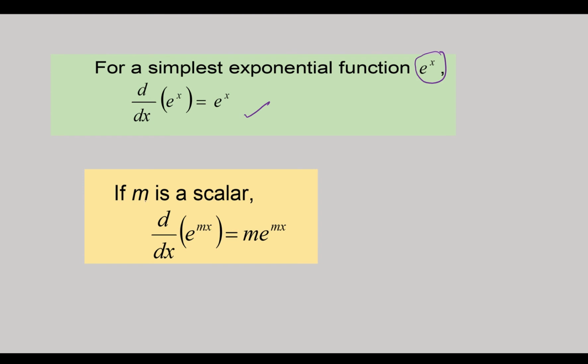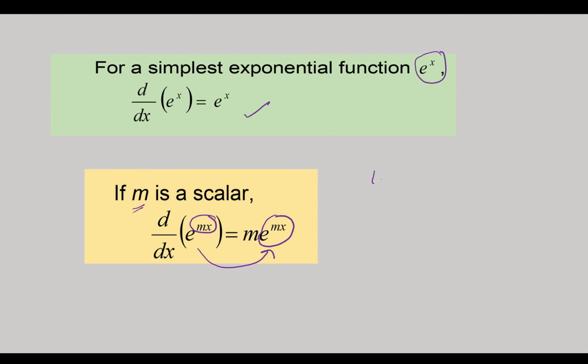If m is a scalar, then the derivative, that is d/dx of e to the power of mx, is equal to m e^(mx). You have to copy the function that you want to differentiate, that is e to the power of mx. Then you need to differentiate mx. The answer is m. Then you have to bring m in front.